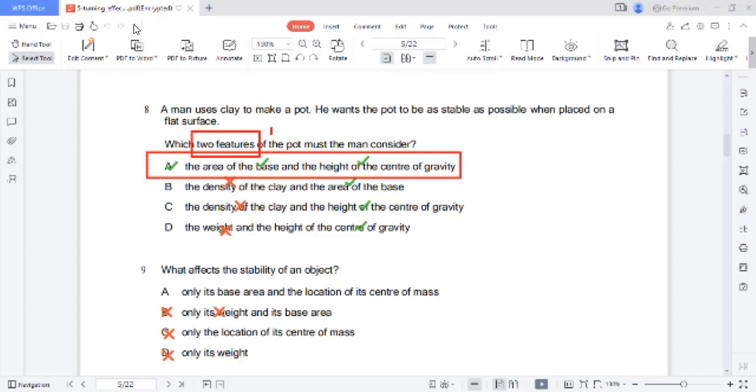So we are actually in need of base area and center of mass. That's why stability is linked with the base area and center of mass. This is our possible option.